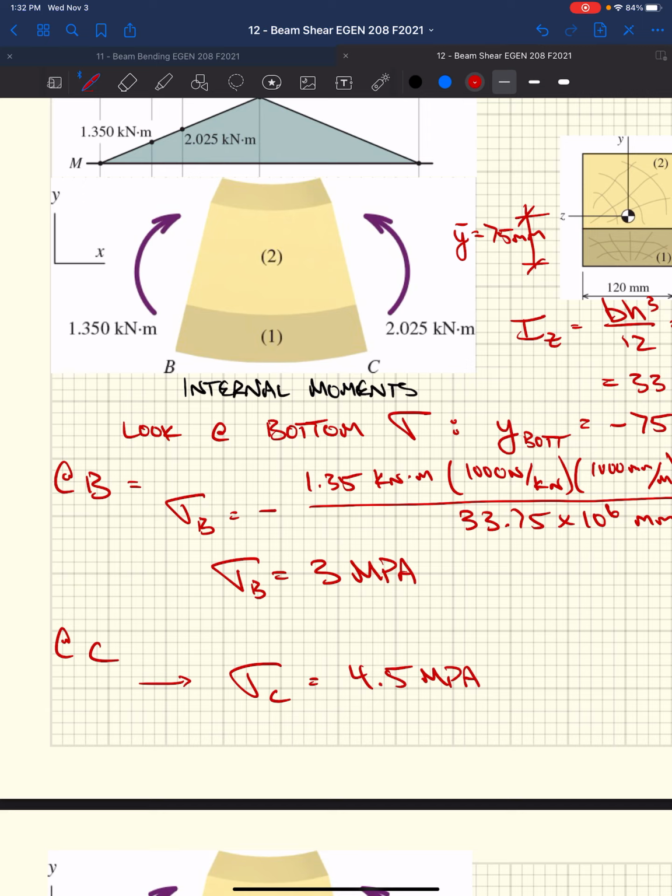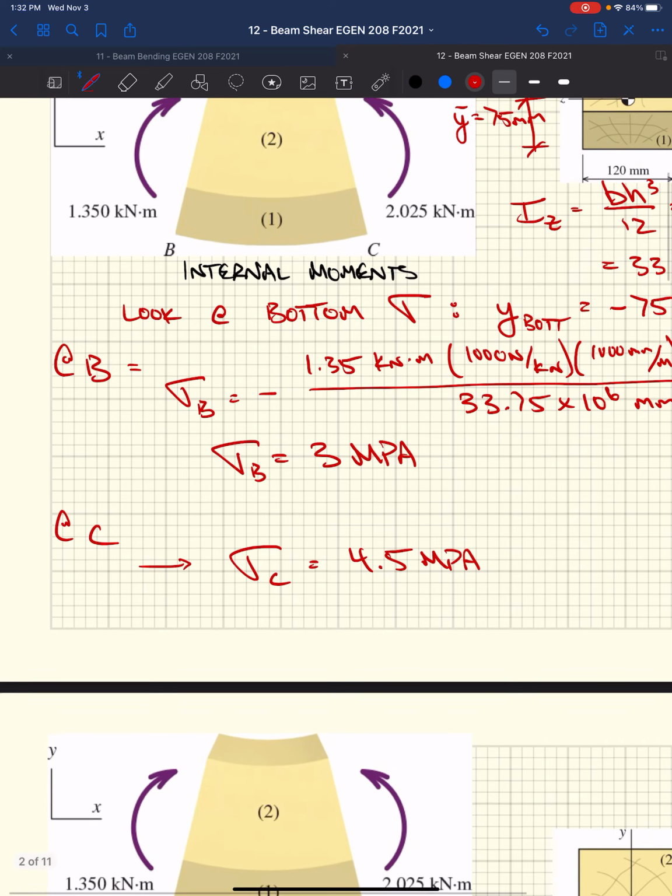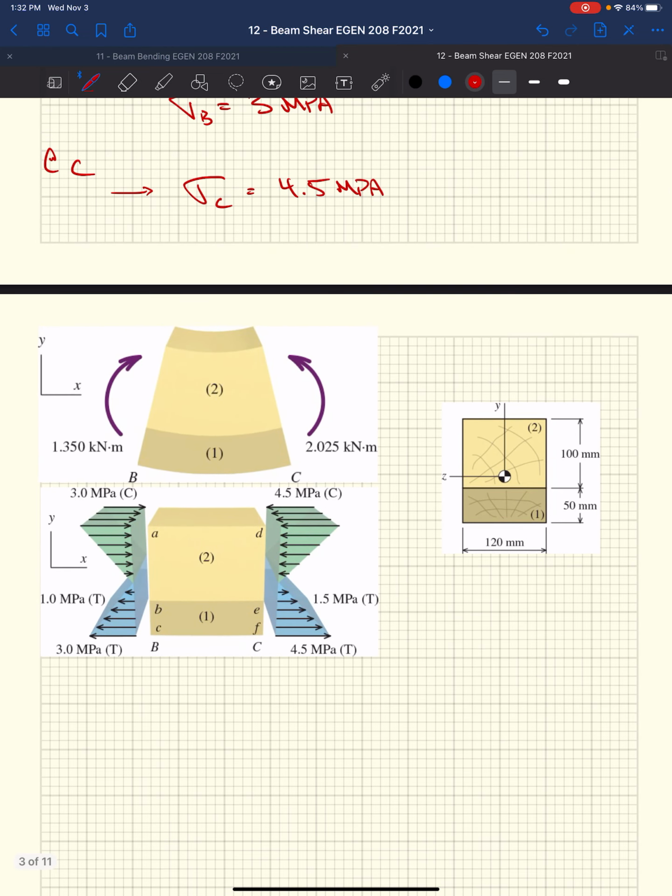In this case, the moment increases, so our stress increases. So we go from 3 megapascals at B to 4.5 megapascals at C. Well, that puts us in a world of hurt because now our cross section is not in equilibrium.